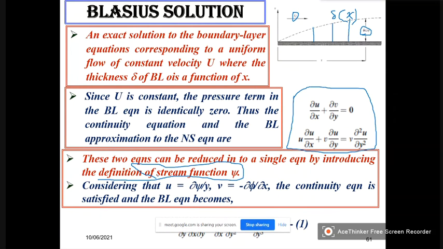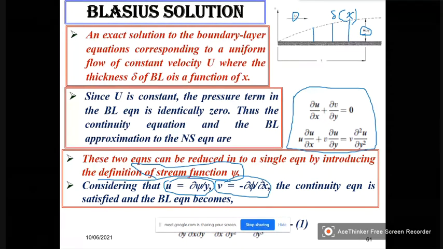If phi is there, it means the flow is irrotational. For any flow, psi will be there, but the flow need not be irrotational. So now we use the definition of psi, which we know for u and for v, and we substitute in these equations.